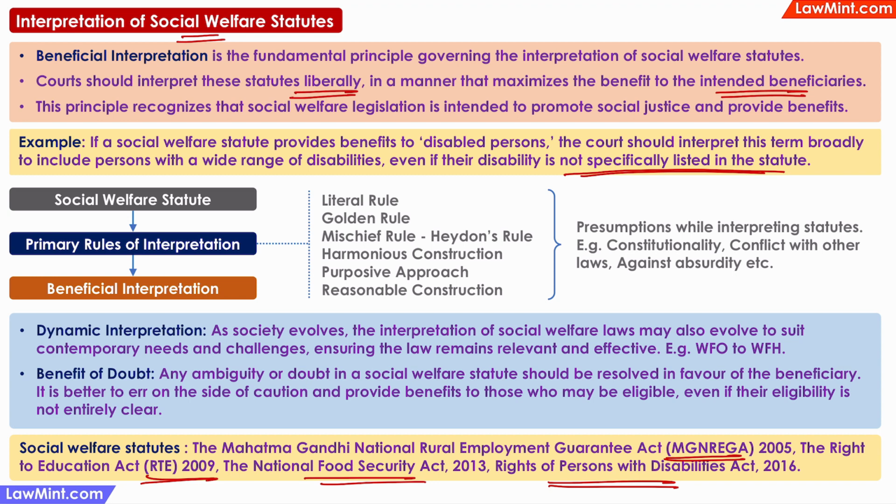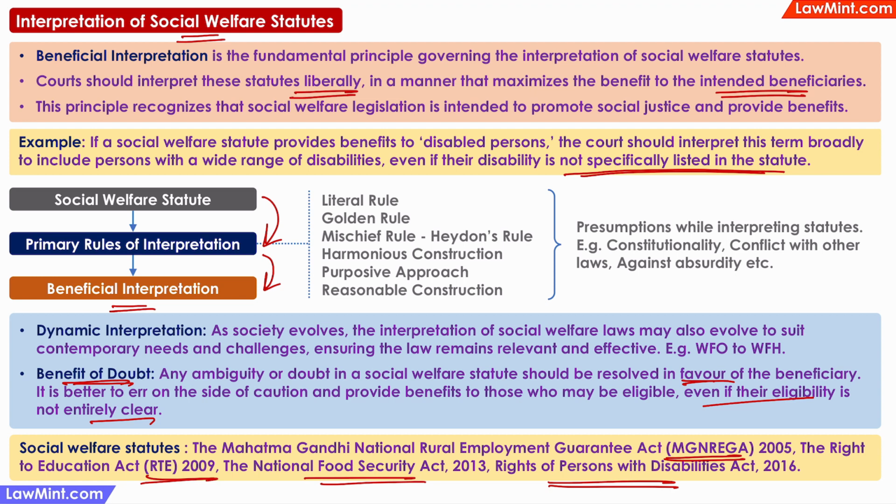If there is a reasonable doubt, it should ideally be interpreted in favor of the beneficiaries, because it is okay if a few unintended persons benefit from the statute. No intended beneficiary should be deprived. As is the case with all statutes, if there is a need for interpretation, the primary rules are applied first, and then for social welfare statutes, the court should use beneficial interpretation.